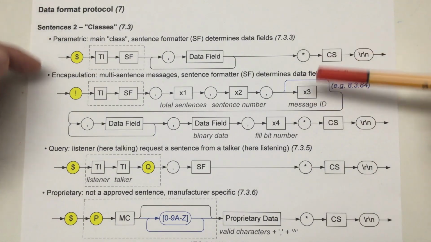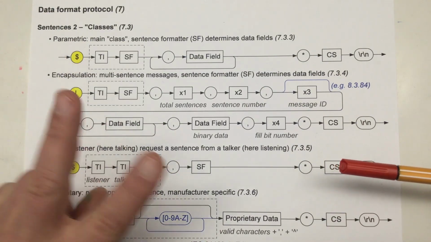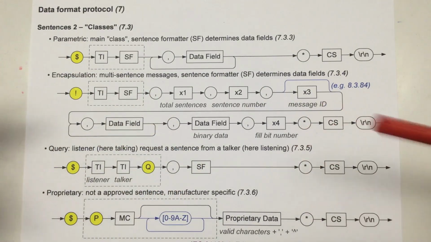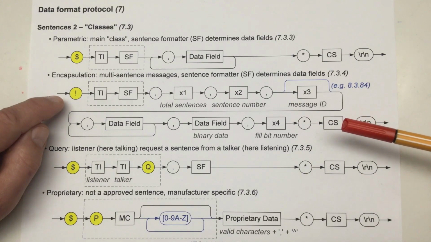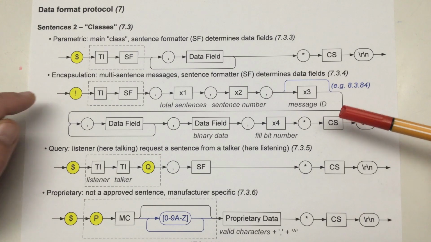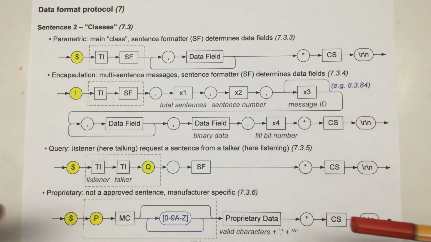Now, how can we distinguish in our code between these 4 sentence classes? It's easy for encapsulation because they are the only ones that start with an exclamation mark. But all others start with $. So let's have next a look at proprietary.